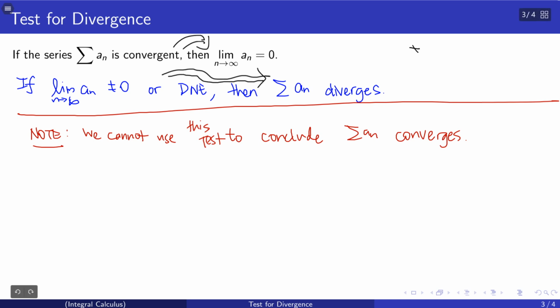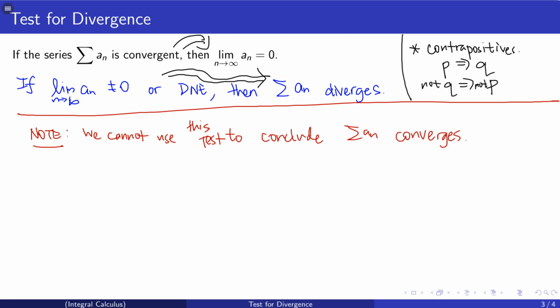In fact, in terms of logic, these are what's called contrapositives of each other. Right? Where the first statement here is if P is true, then Q is true. And the second statement is, if Q is not true, then P is not true. Right? You don't have to bother yourself with this too much, but for those of you who know what this means, this is essentially what's happening here.